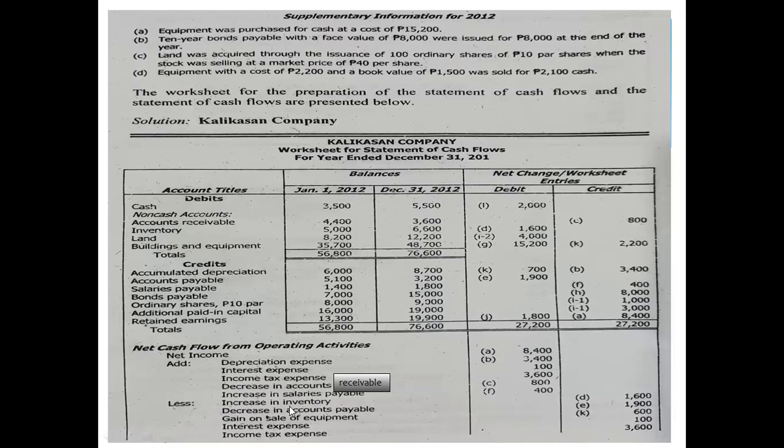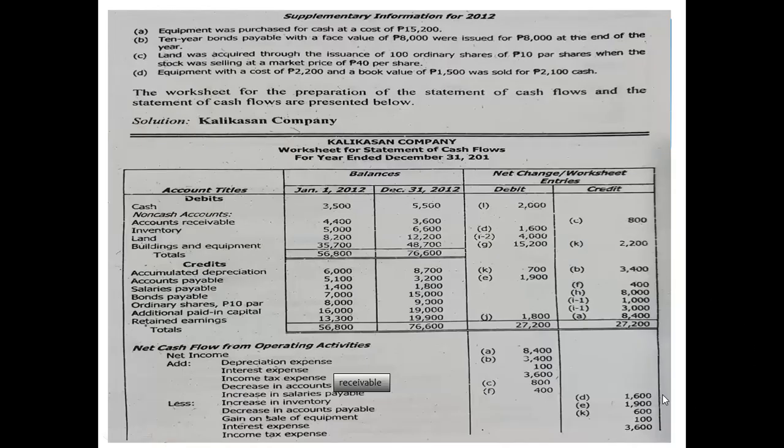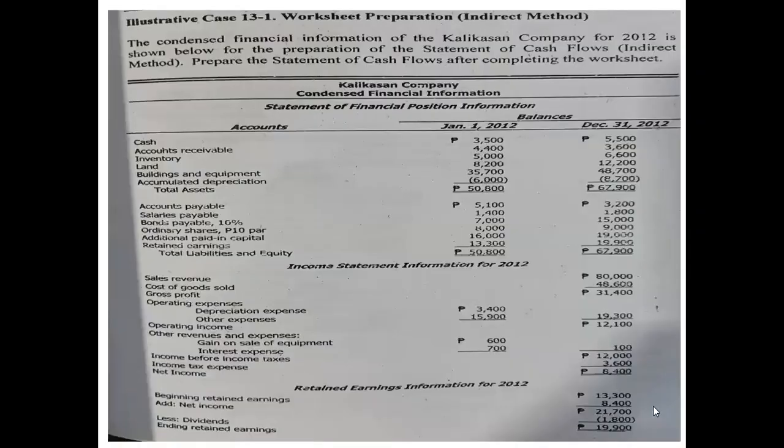Next is increase in inventory of 1,600. So the inventory is 5,000 in the beginning, and at the end there's 6,600. So there's an increase of 1,600. That's why it's here. And then we have decrease in accounts payable of 1,900.